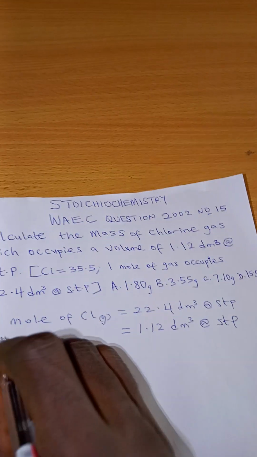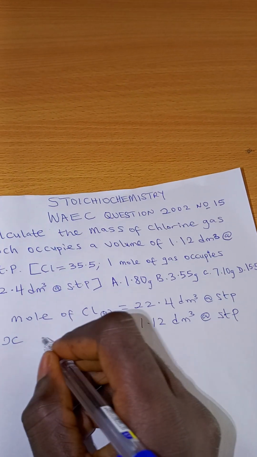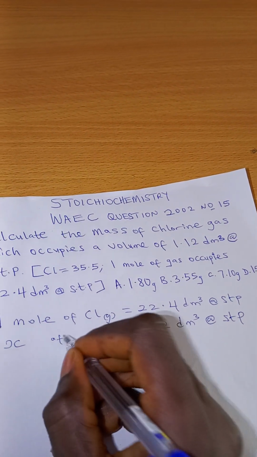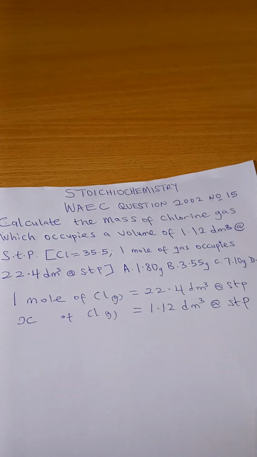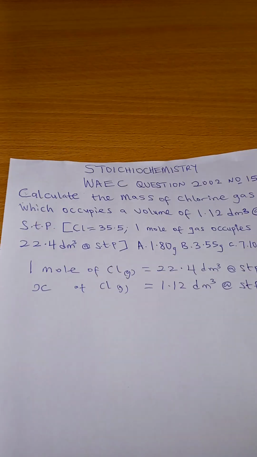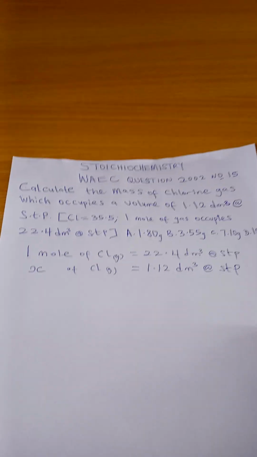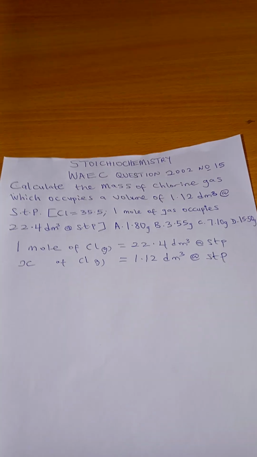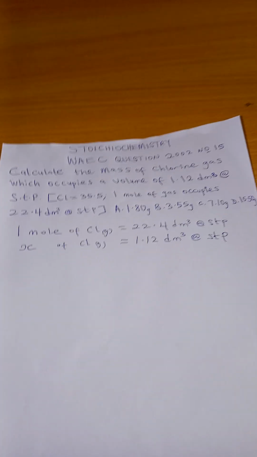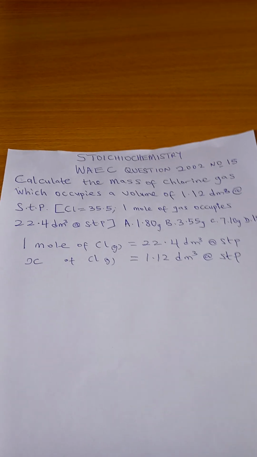Also equals, here we don't have the mole, x mole of chlorine, unknown. So the question is now getting shape. We are pushing to arrive at the answer. We are trying to pair it.